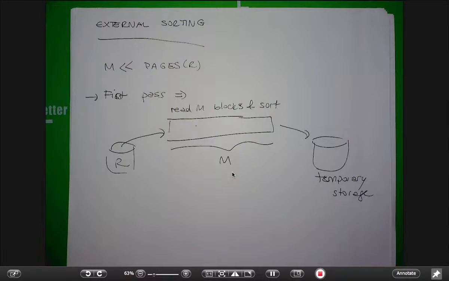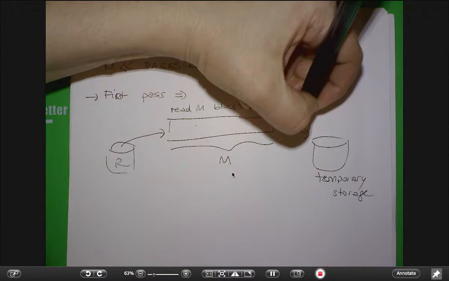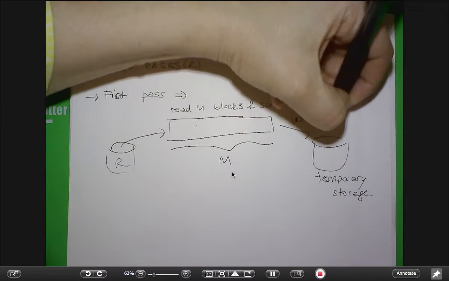So read M blocks, sort, and then write it to output.